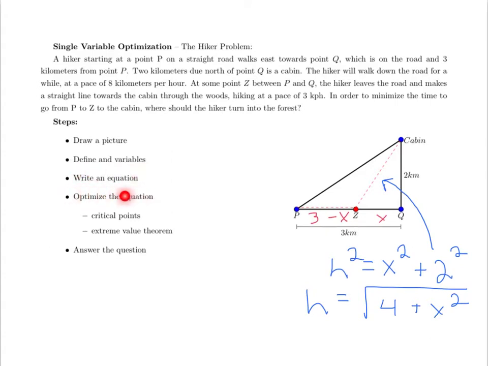We really need to write an equation now, but the question is, what equation? Well, if you look at the problem, we want to minimize time. So we need an equation for time as a function of x. So what we want is time equals some function of x, and we have to rely on any basic physics, geometry, or anything else like that that we may know in order to get this.